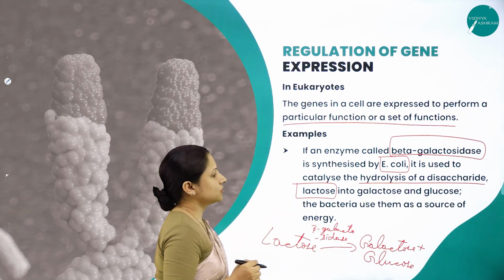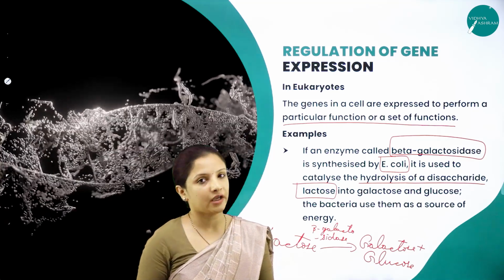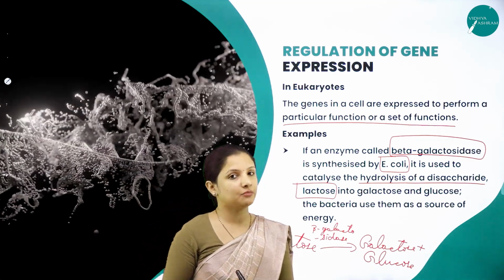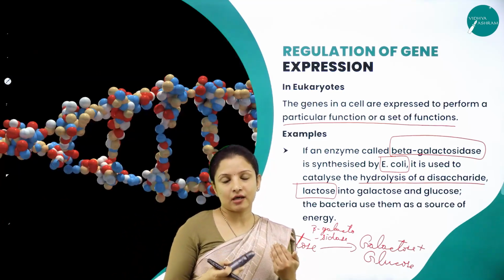And the bacteria uses them as a source of energy. We know that, right? In any organism, be it plants, microbes or humans, the source of energy is glucose, and that glucose is the one that gets converted into energy.